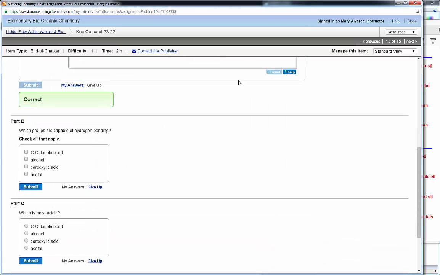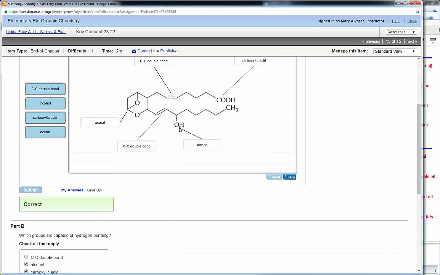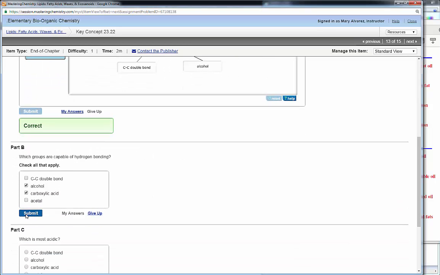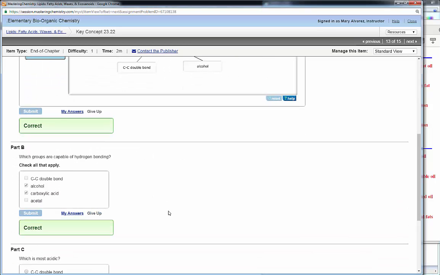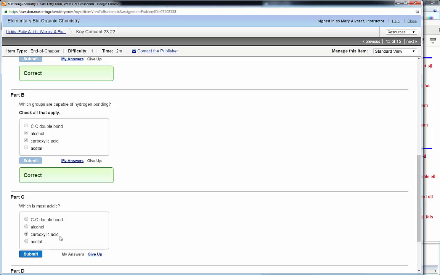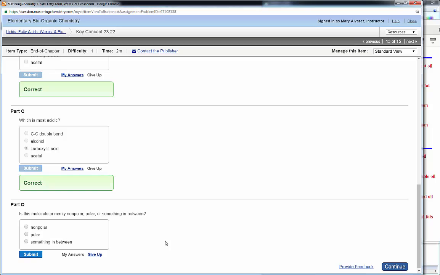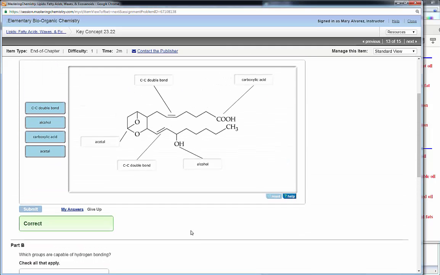Next, which groups are capable of hydrogen bonding from the molecule above? The alcohol and the carboxylic acid both have hydrogens attached to oxygens, so those are both capable of hydrogen bonding. And the carboxylic acid, by definition, is an acid. It is the most acidic. Finally, do you think the molecule is primarily nonpolar, polar, or something in between?